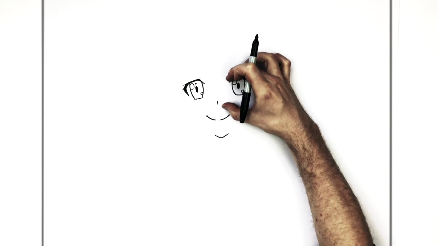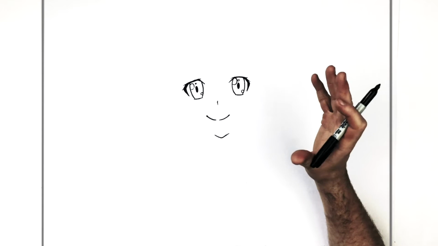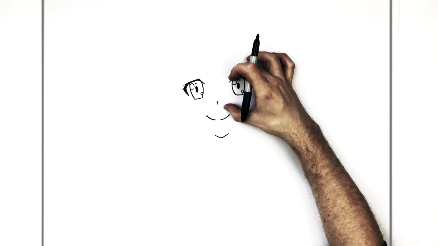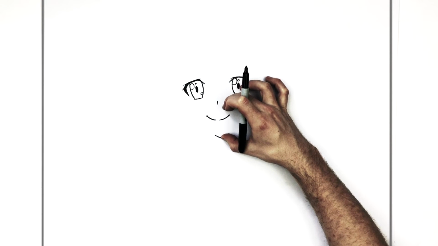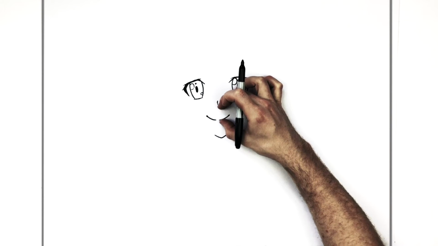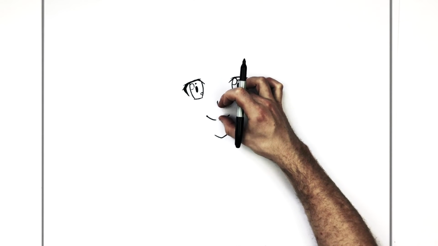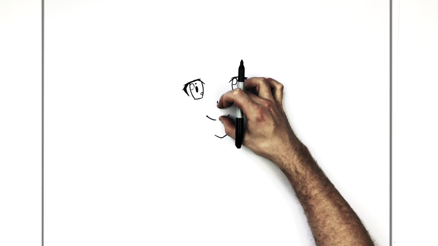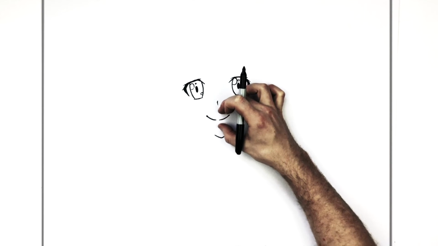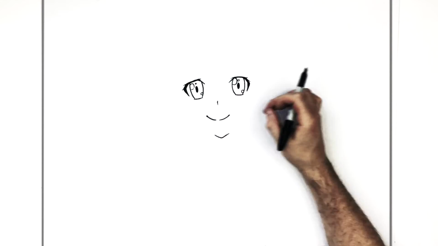But again, the eyes are so big, our proportions aren't really standard. And then the nose area to the mouth is about the same as mouth to chin, roughly.